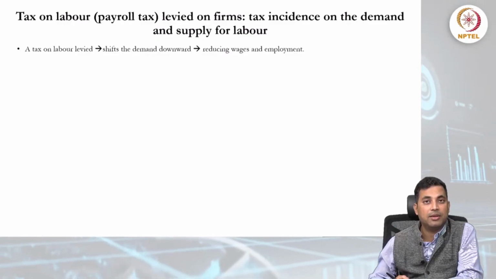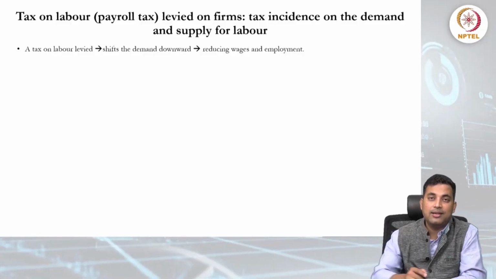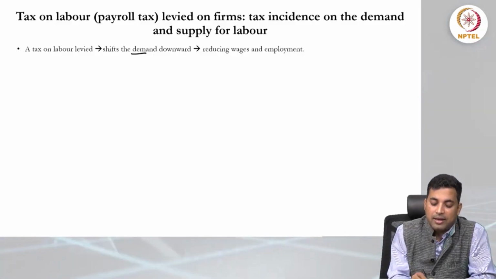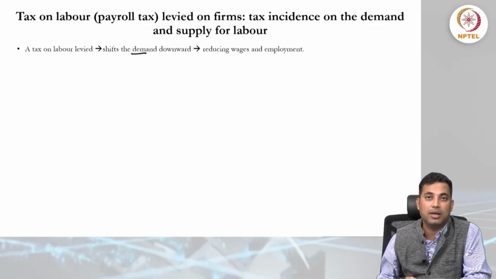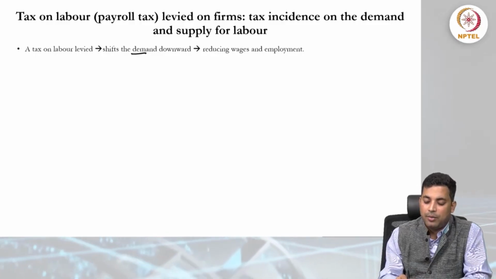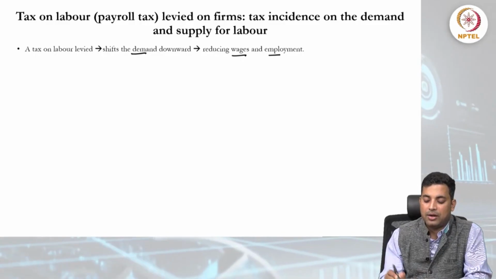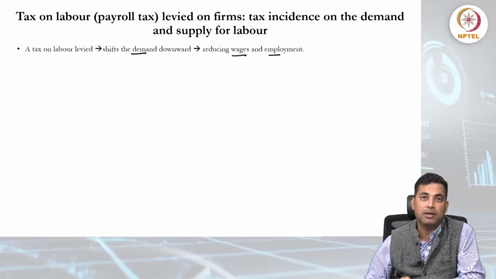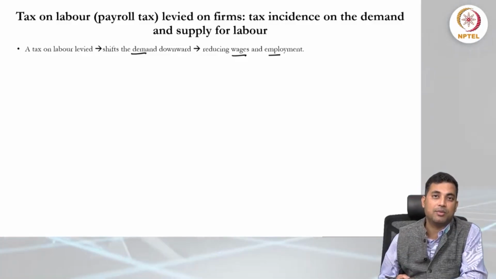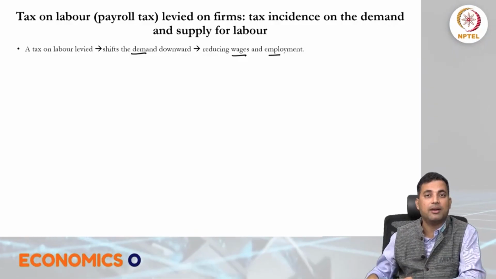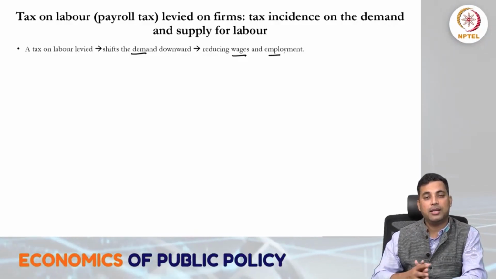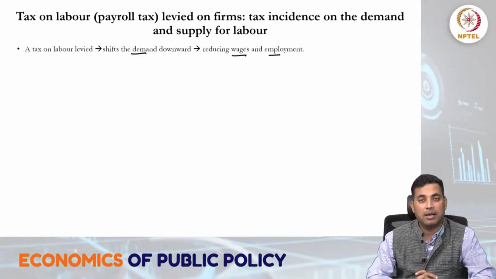If tax on labor is levied, then generally the labor demand curve will shift downward and wage will be reduced, and employment will also be reduced. This is the assumption. So now let us assume the case of labor demand and labor supply.